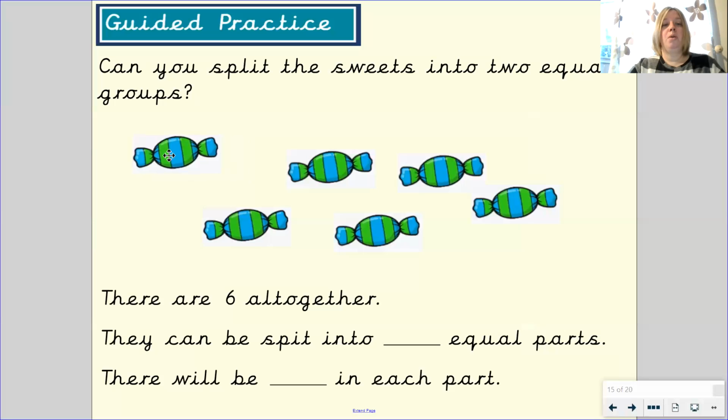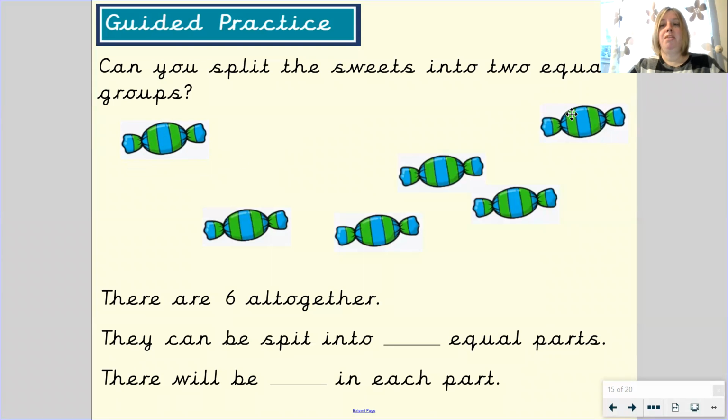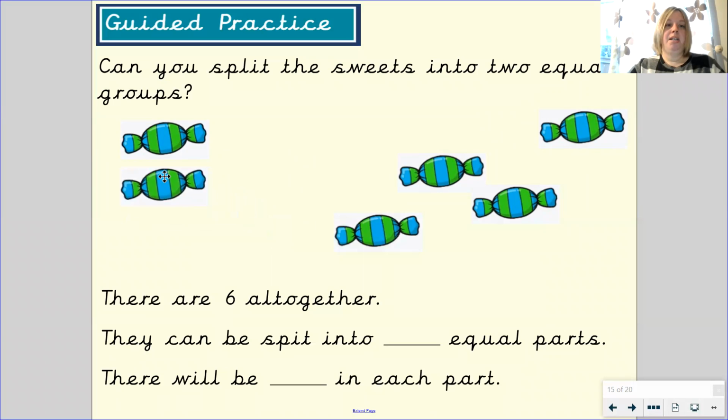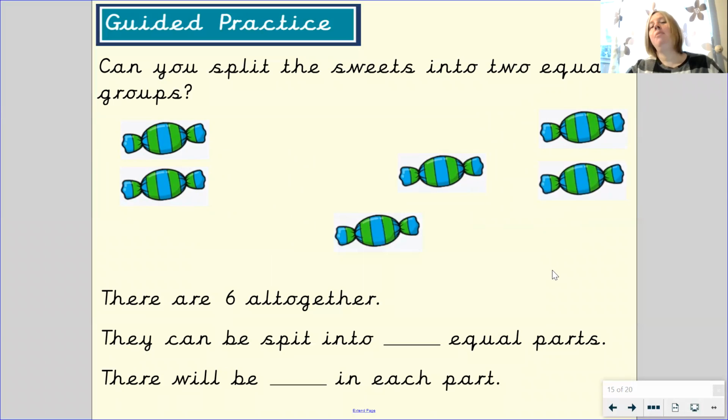So I'm going to put 1 sweet here and 1 sweet here. At the moment, there is 1 sweet in each group. I'm going to put another sweet here and another sweet here. At the moment, there are 2 sweets in each group, so each group is equal.